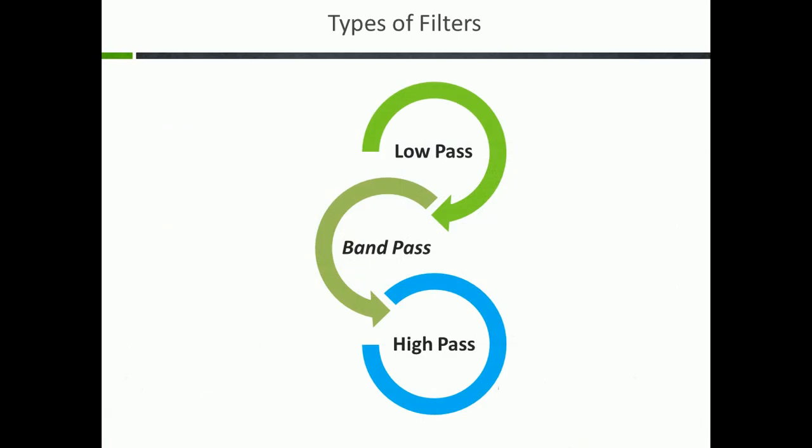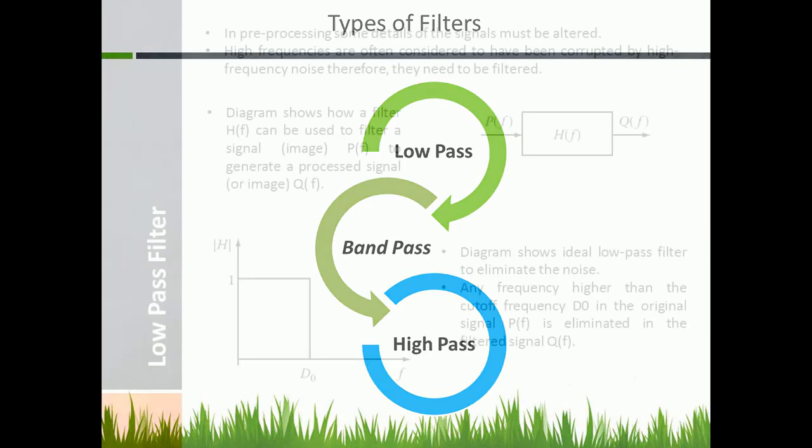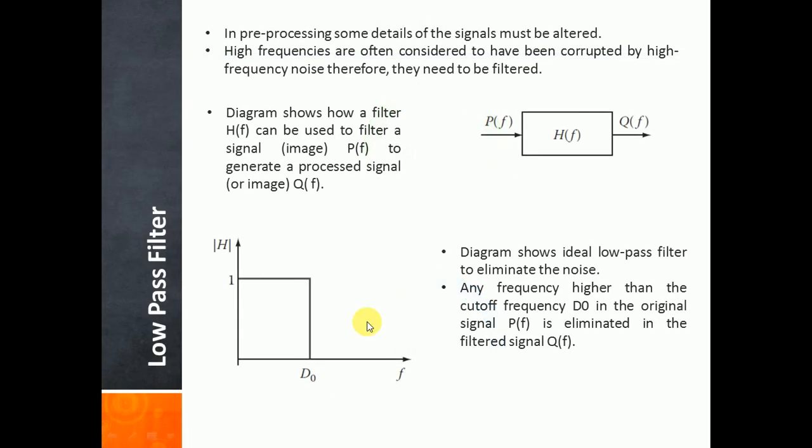So there are three types of filters. There's low pass, band pass, and high pass filters. This is an ideal low pass filter where all the frequencies up until D0 are allowed to go from the input to the output, whereas all the frequencies beyond D0, being your cutoff frequency, are not allowed to go ahead.